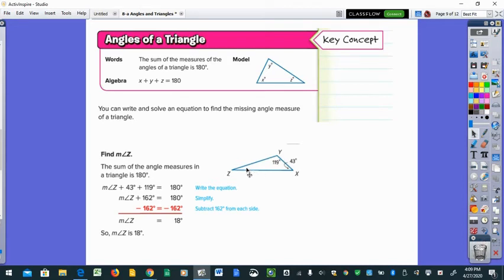To find the missing angle, you can add those two up, and it's 162 degrees. So in this triangle that has 180 degrees, you've already used up 162 degrees of it. If you take the 180, subtract the 162, you know that angle Z has 18 degrees.